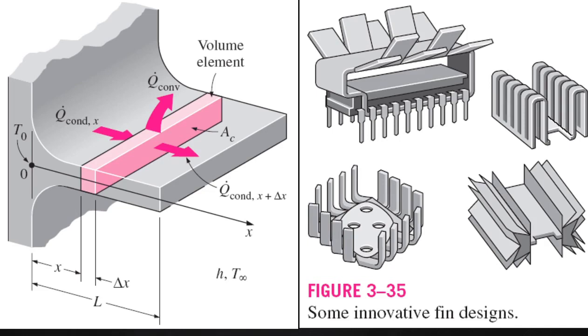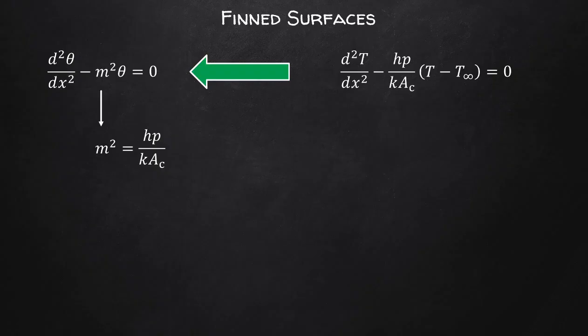So what fins typically look like, there are different varieties of design, and there are so many that one can choose from, and they all are trying to achieve some or other form of heat transfer. So this equation takes on a particular form, for which several types of solutions can be obtained. All right, and it's based on these different solutions that we obtain the different designs in the fins.